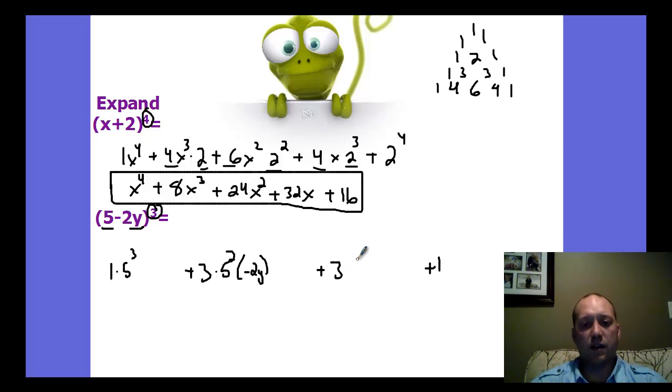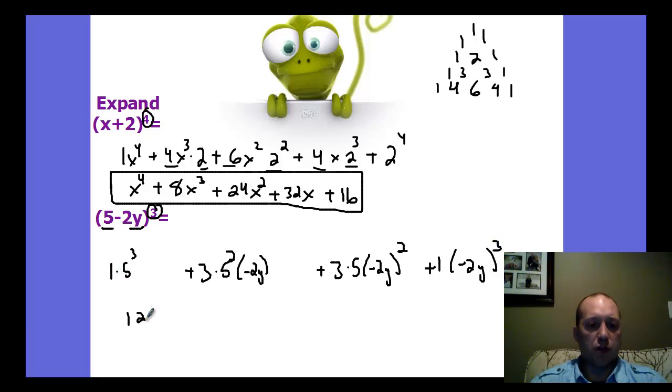This is going to be 5 to the first times negative 2y squared, and then we have negative 2y cubed. So this is 125 plus 25 times negative 2 would be negative 50 times 3 would be negative 150y.